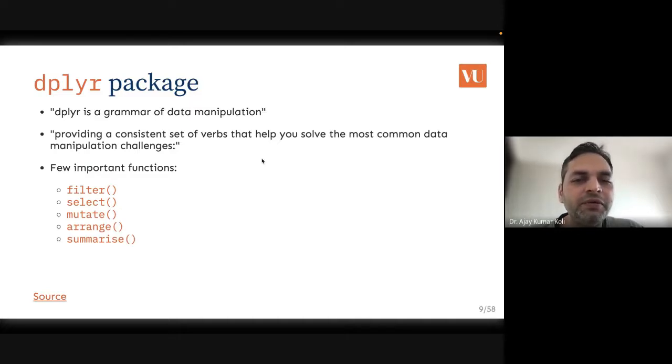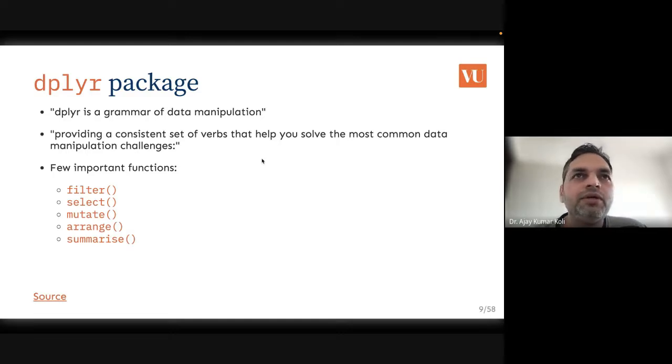Mutate, if you know a little bit about biology, there is one word called mutate, like X mutates and becomes XY or X plus 1, something like that. It is no more what it was earlier, but to become something, it needs the X, right? So mutate means creating or computing a new variable based upon the earlier variables. When we want to arrange our data based upon the value of one particular variable, we can use arrange.